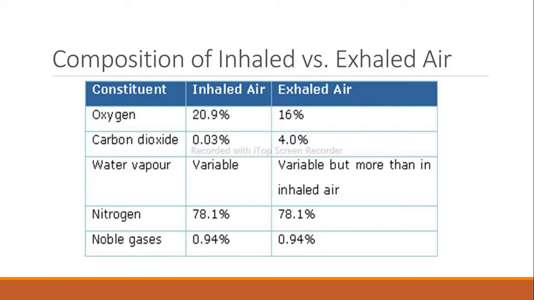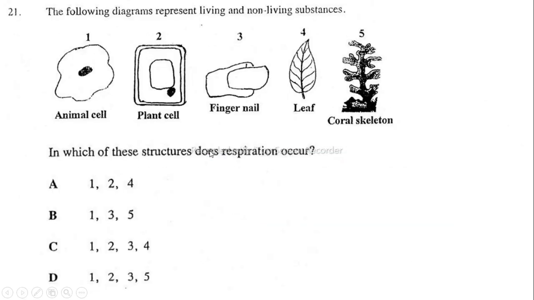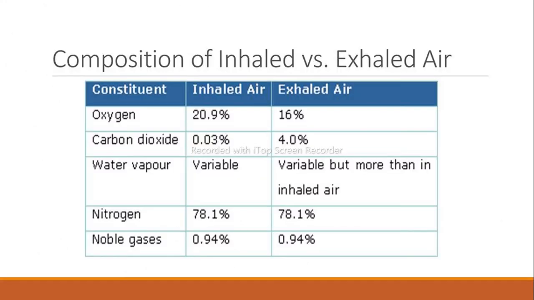So the chart shows the percentage of gases in the air that you breathe. About 20% is oxygen. A very small percent is carbon dioxide, 0.03. Water vapor is also there, but it's variable, it changes.